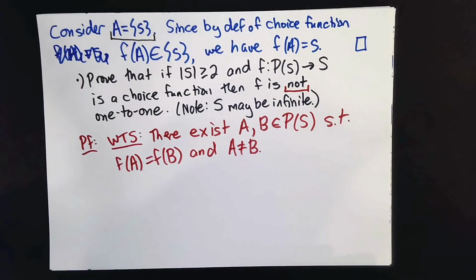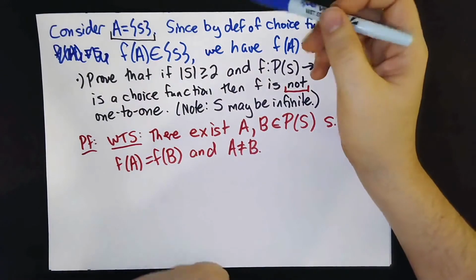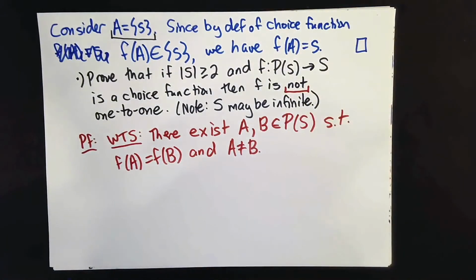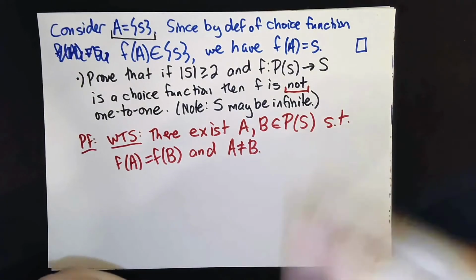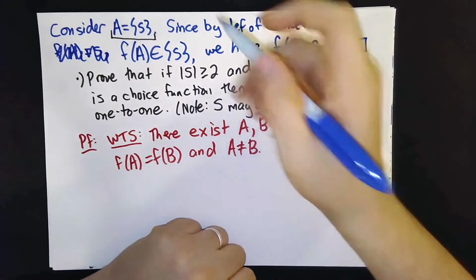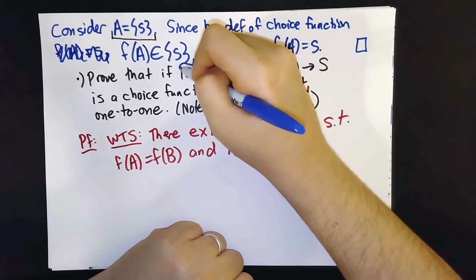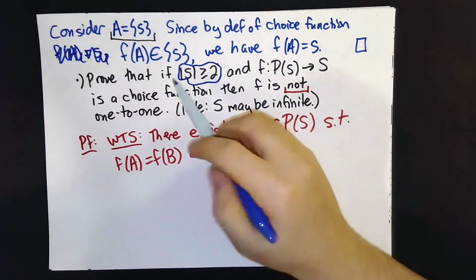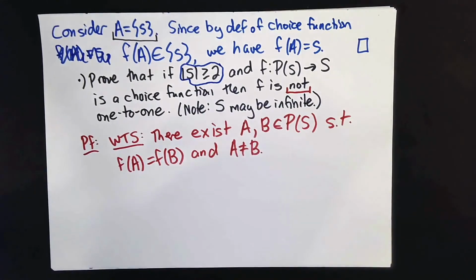Again, this is made tricky by the fact that I don't have a specific function. So I really have to tax my brain and think about what could I choose to just guarantee that this has to be the case. And if you notice, the thing that should stand out to you in this question is the statement that the size of S is greater than or equal to 2.